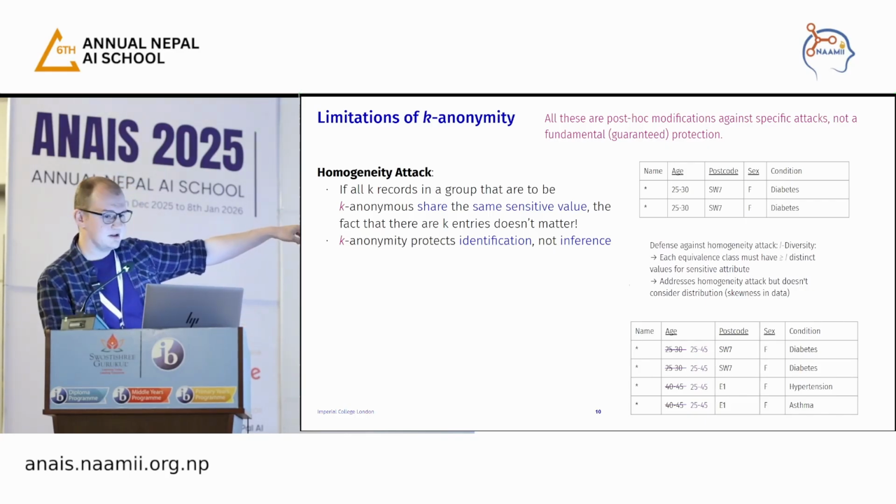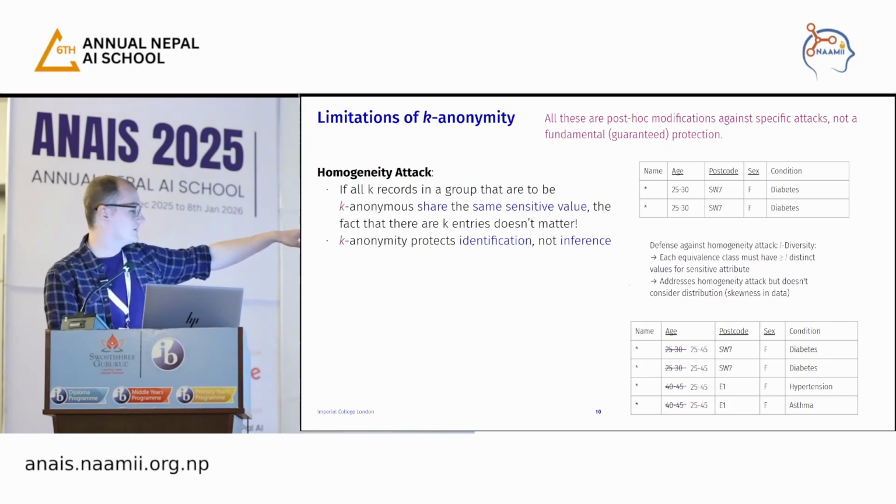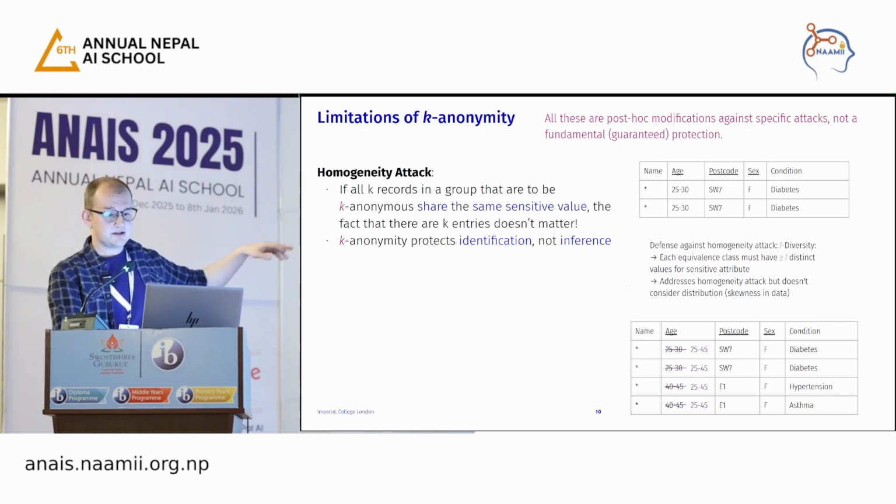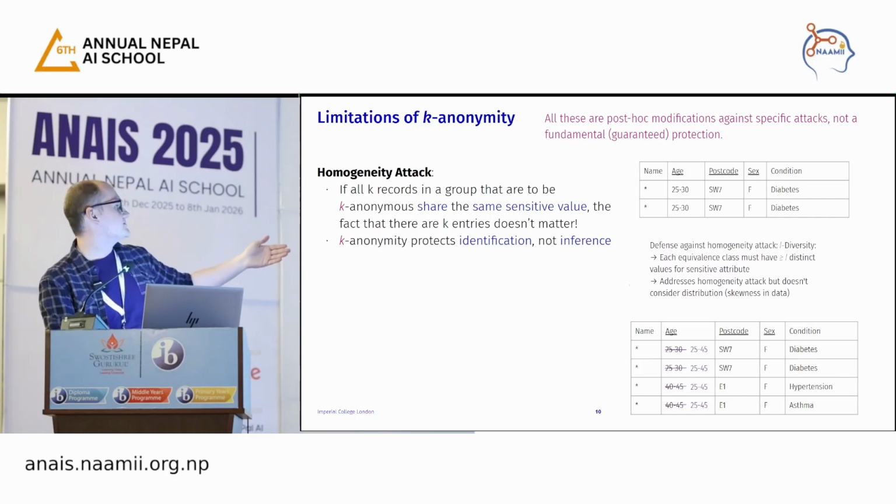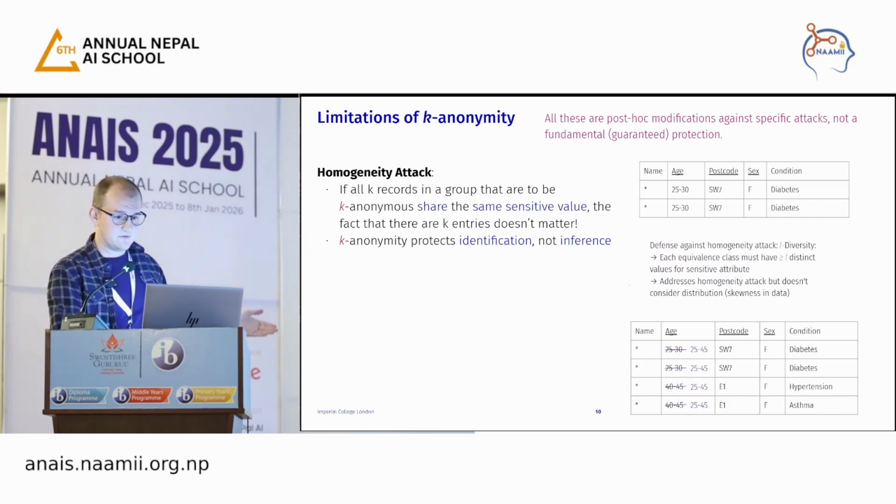Okay, so there's, again, a way to deal with that, and it's called L diversity. I'm not sure if you can read that, it's a bit too gray maybe for this beamer. The idea of L diversity is to make sure that each equivalence class has at least L distinct values for the sensitive attribute, like the condition here. In order to achieve that, we need to generalize further, right?